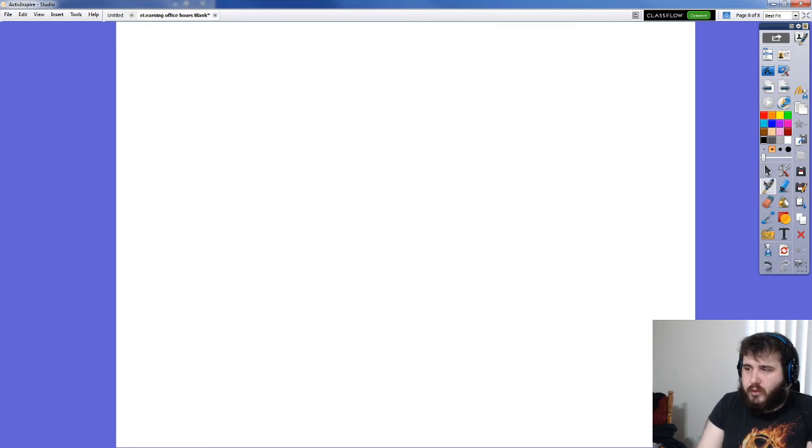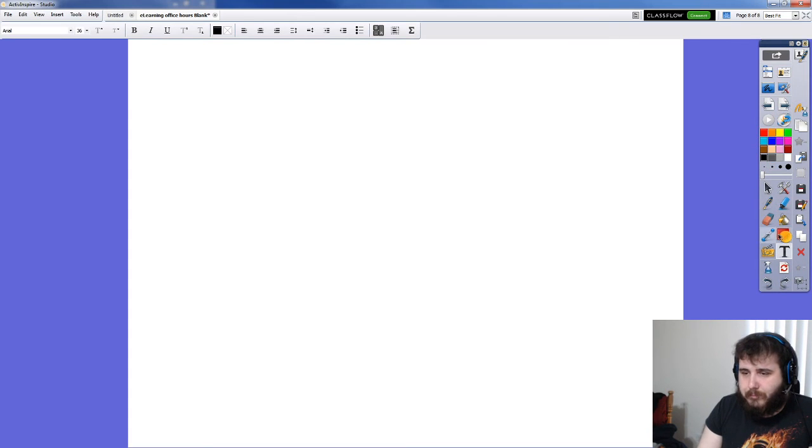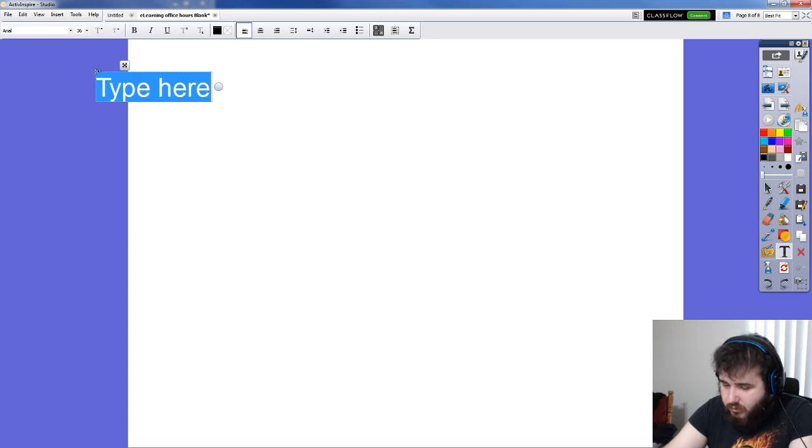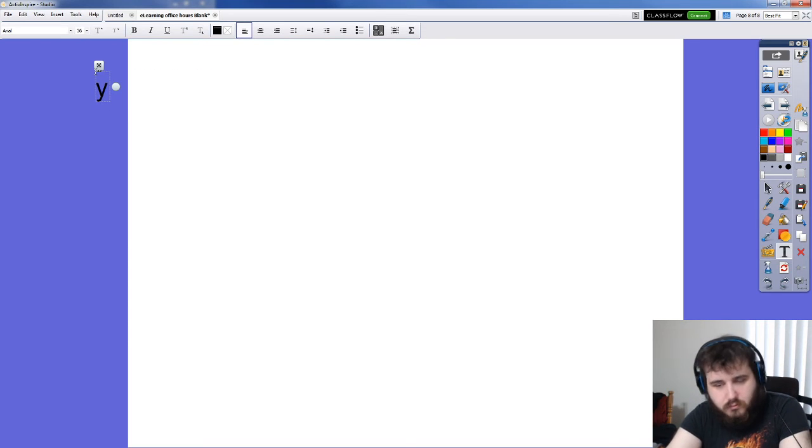Now, the other one I wanted to show you was the substitution method of solving a system of equations. And again, the substitution method is more versatile.